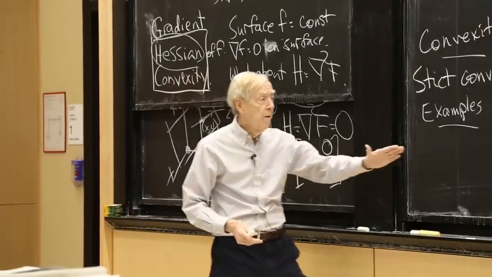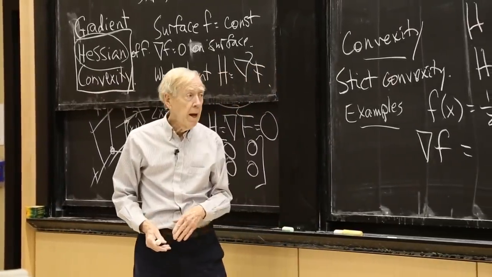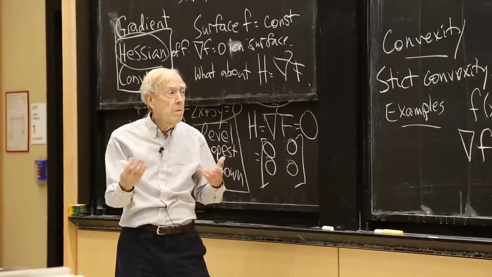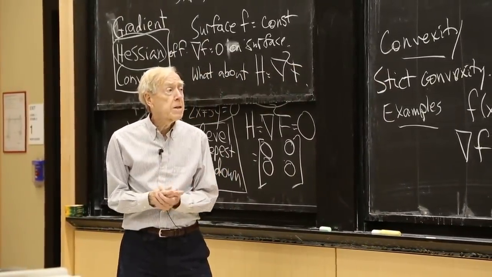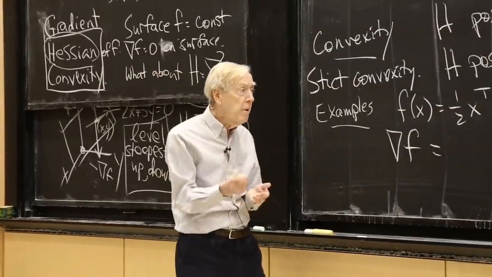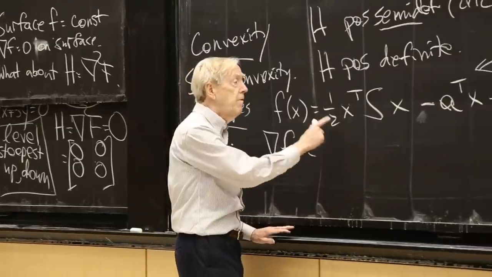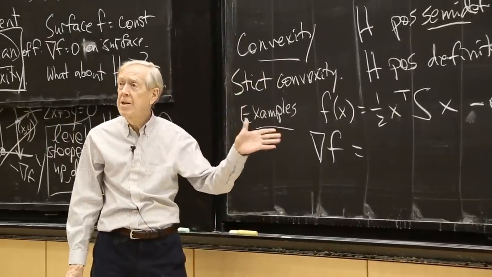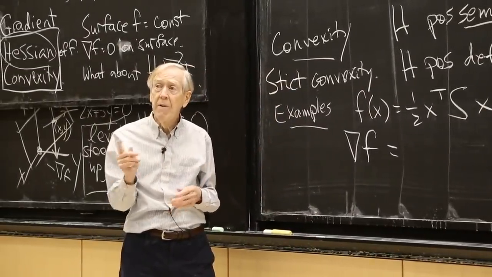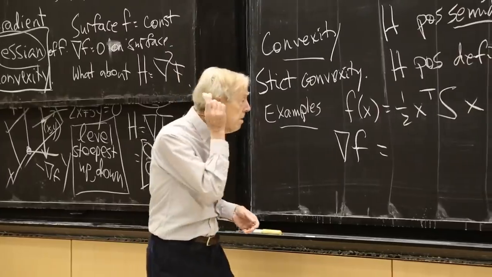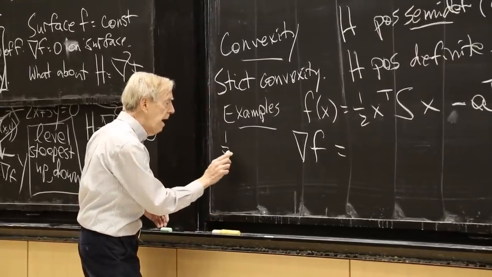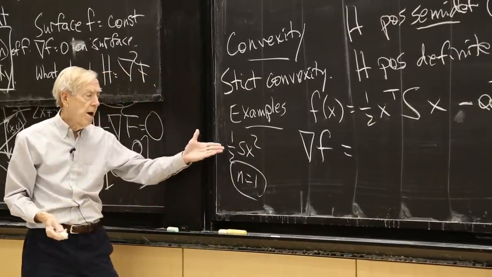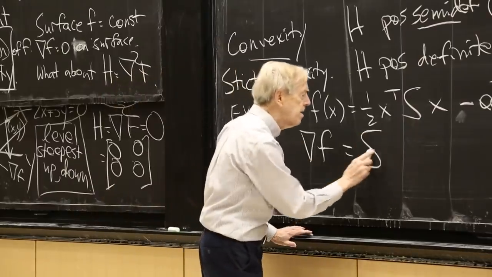I'm asking for the whole vector of first derivatives, because here I'm giving you the whole function with x for a vector x. Of course, we could take n to be 1, and then this would just be half Sx squared, and the derivative of half Sx squared is obviously Sx. This is in the n equal 1 case. And that's what it is here, Sx.